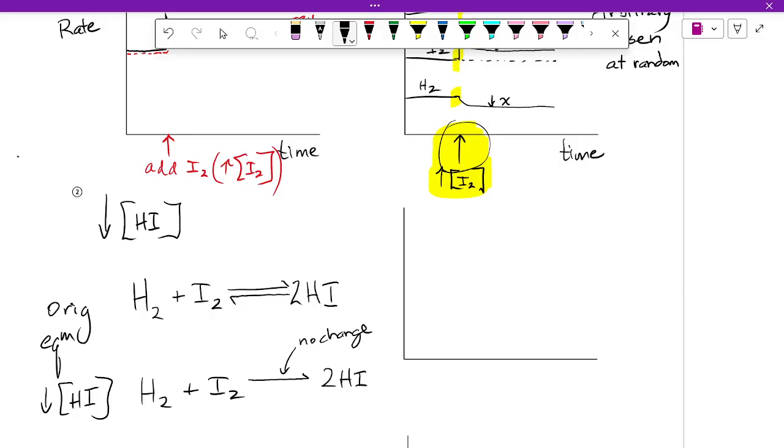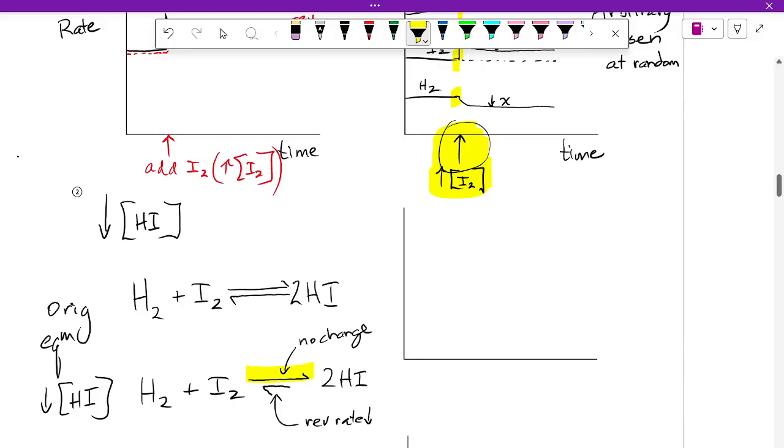It decreases, which is why I drew that so long, because now I can make this one smaller without having to be like I don't want to do that. The reverse rate decreases. But it still means that the forward rate is faster than the reverse rate.